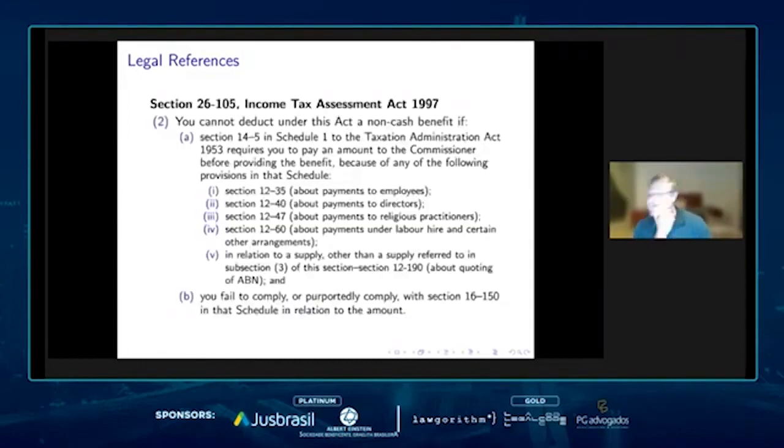Now, I also have a more interesting case. Look at section 26.105 of the Income Tax Assessment Act. As you can see, there are many, many references. Here we have external references to a different act. Then we have a bunch of references where possibly those sections apply in this particular section.